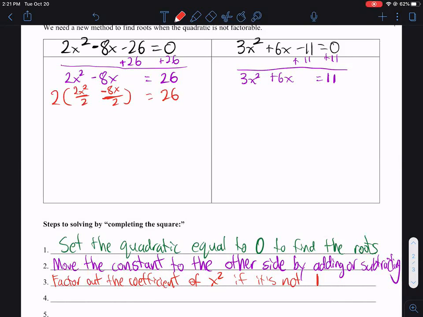Okay, so let's go ahead and do some simplification. 2x squared divided by 2 would just become regular x squared. Okay, and then negative 8x divided by 2 would be minus 4x. And again, the right side is unaffected. We haven't done anything to it yet.